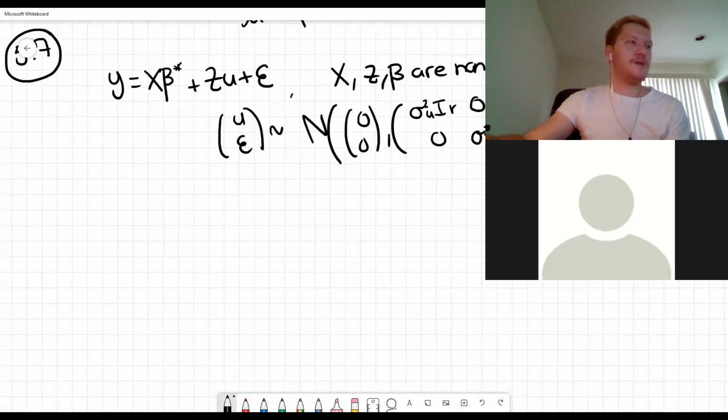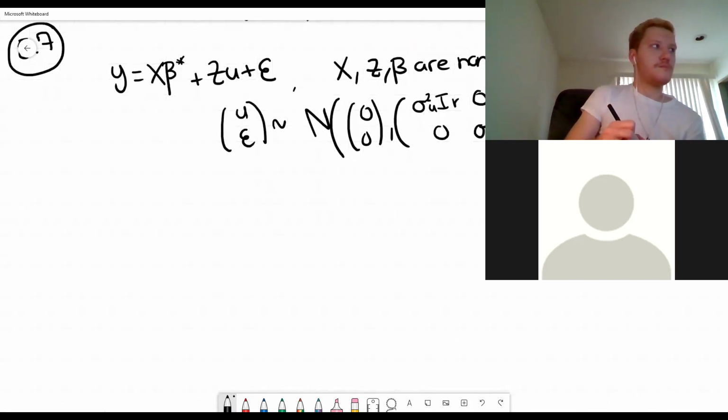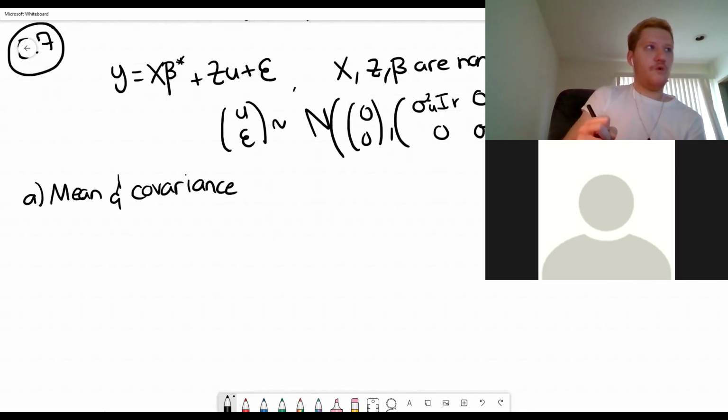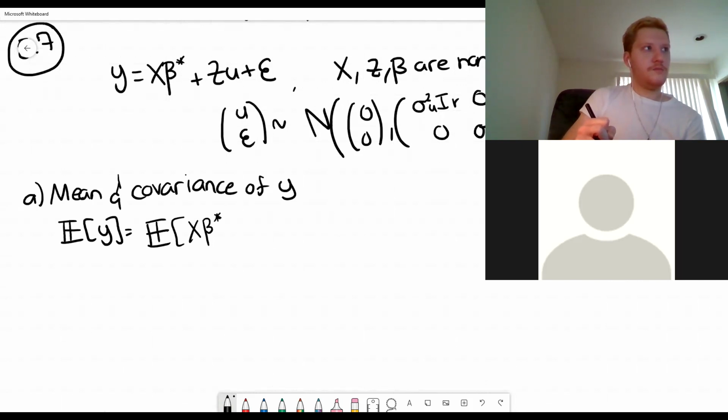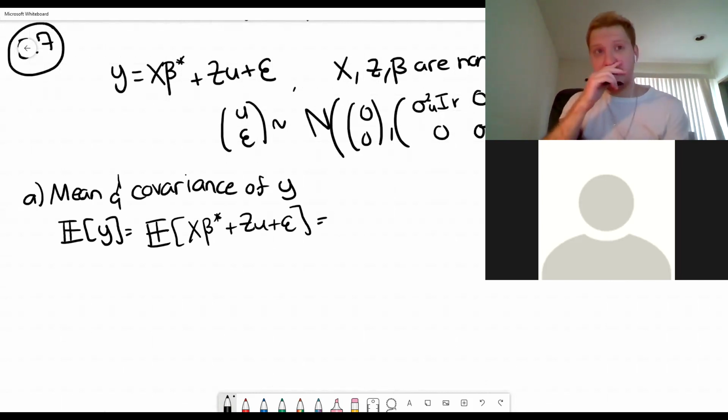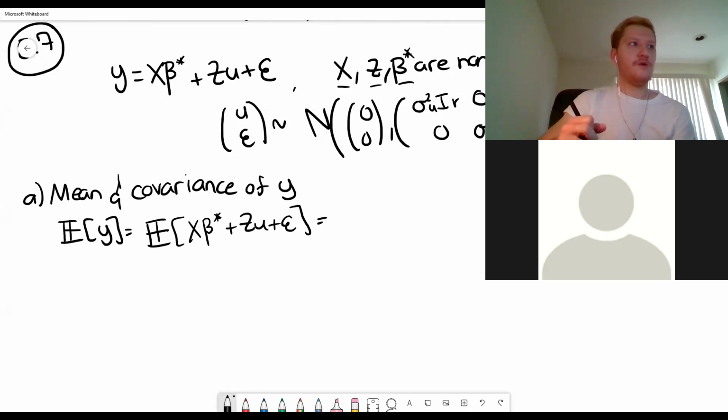It looks a little complicated, but it's actually a lot easier than you think. So for A, they want you to find the mean and covariance of y. To do that, we just need to find the expected value of y, which is equal to the expected value of x beta star plus zu plus epsilon. Remember x, z, and beta star are non-random, so those don't really matter.